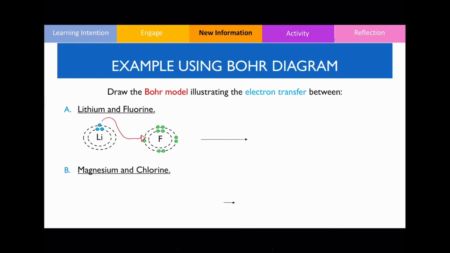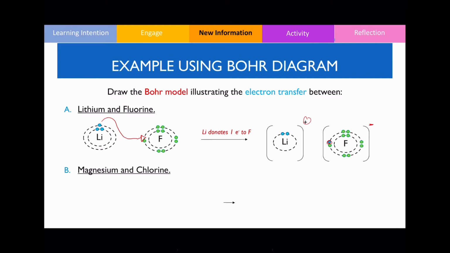Again, just to emphasize, you move it from the cation or the electron donor to the electron acceptor. In doing so, lithium will now have a net charge of +1, and I've included that charge over there. And now because fluorine has an extra electron, it's going to have a net negative charge.